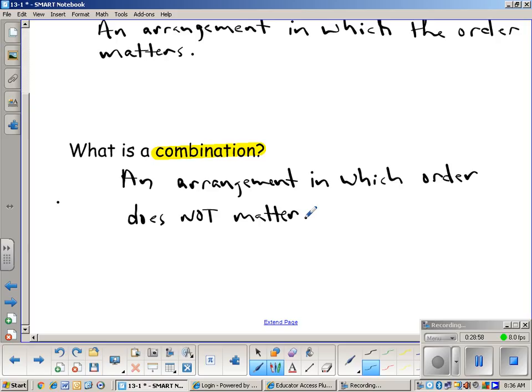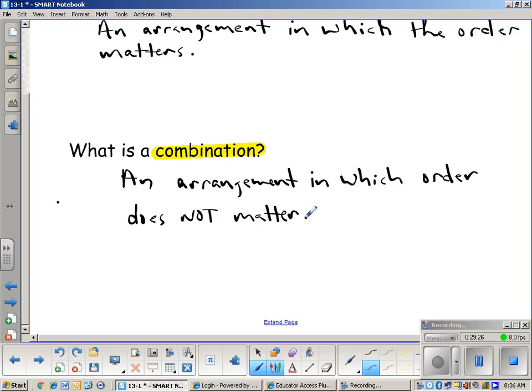We had these 4, and it doesn't matter if I listed them 1, 2, 3, 4, or if I listed them in any other order. Which way I listed them didn't matter. It was this group of 4 people. And so that's all that mattered.